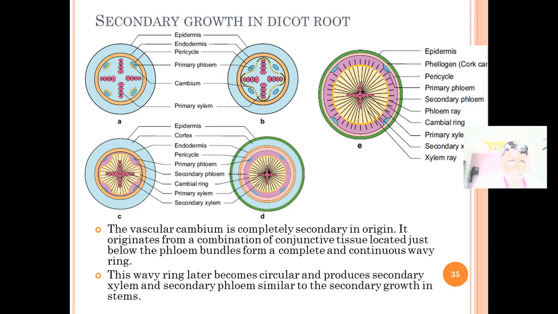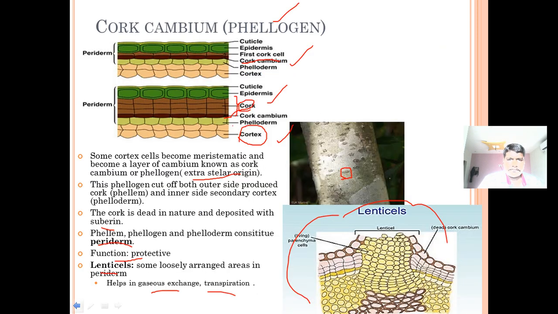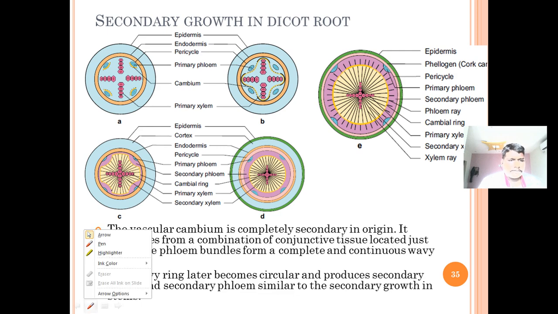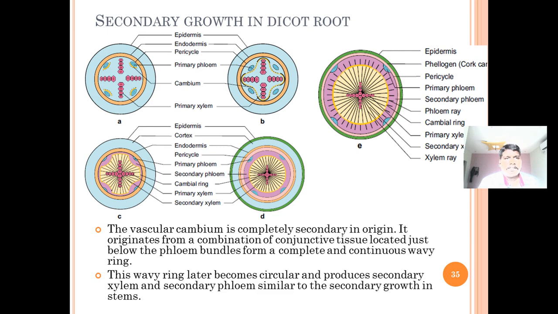Next we will discuss secondary growth in dicot roots. In a radial vascular bundle, no cambium is present. So some of the cells present in the vascular bundle, the cells below the phloem, become active and act like a cambium.